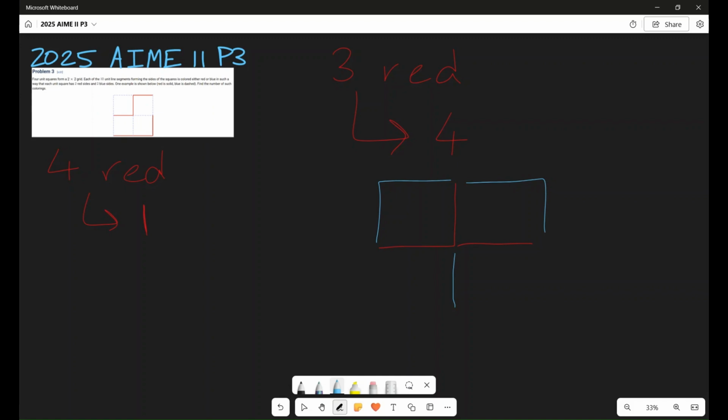Now, for the bottom squares, we have 2 remaining edges each, and we can choose one of them to be red and one of them to be blue for each of those squares. So in addition to the 4 different rotations, there's also 4 ways to choose the color of the remaining edges. And of course, 4 times 4, that's just 16.